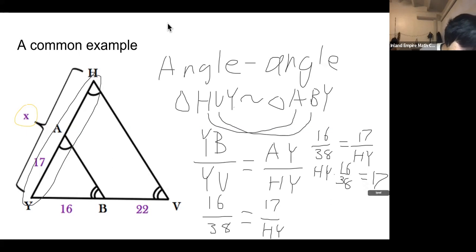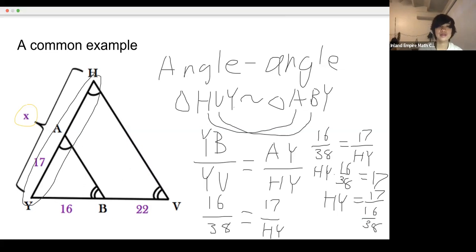And then we divide both sides by 16 over 38. So we get HY equals 17 over 16 over 38. Now this is going to be a really complicated number, but if we plug that into the calculator, it's going to be around 40. So basically, this big length right here is going to be around 40.